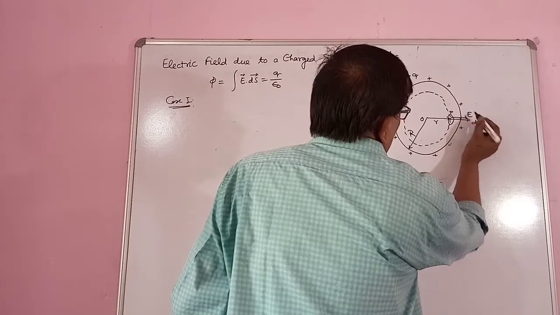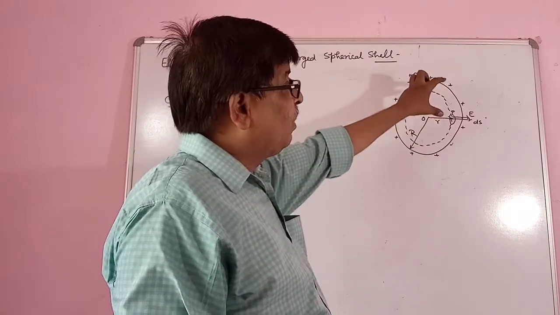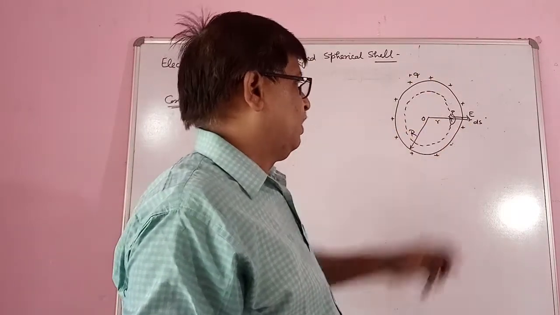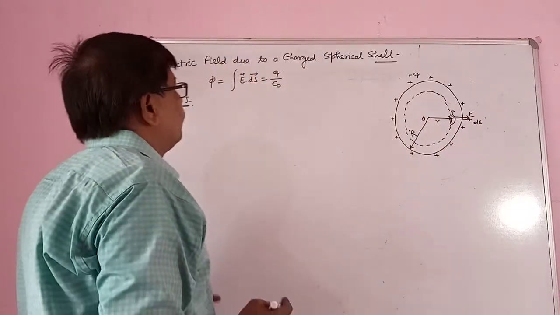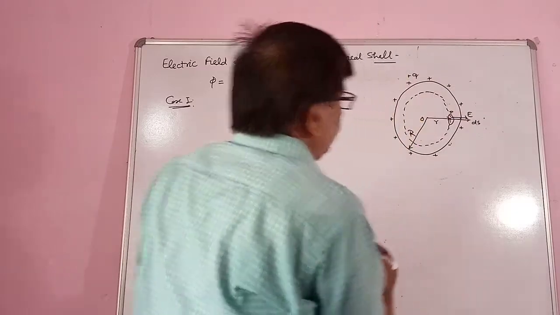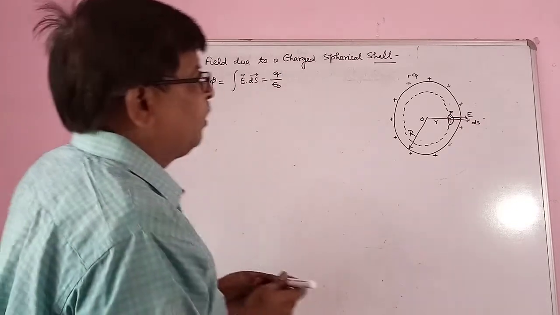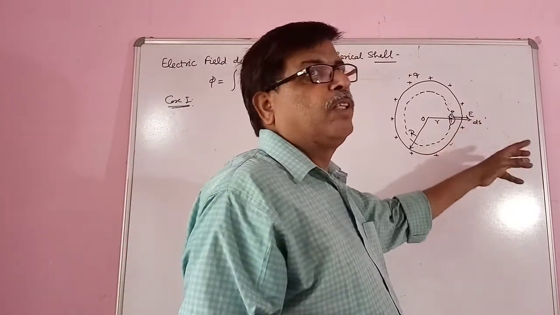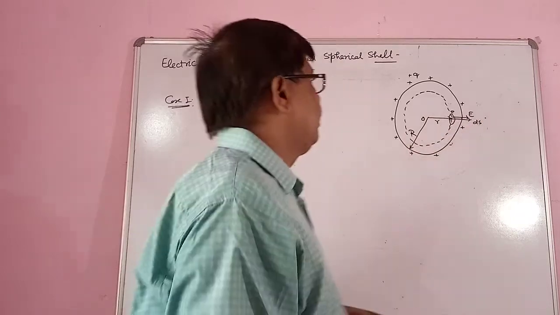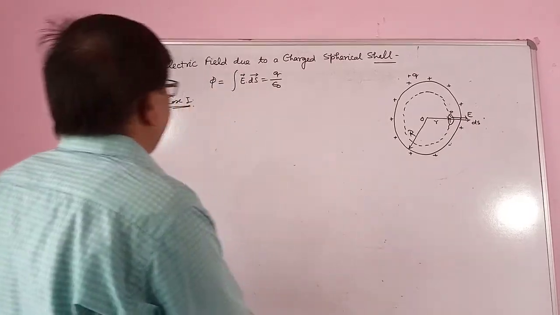Direction of electric field will be radially outward, or inward if we take the opposite side. It doesn't matter. Why? The angle between E and ds will be cos 0 degree or cos 180 degree, that is +1 or -1, according to the direction of the vector.